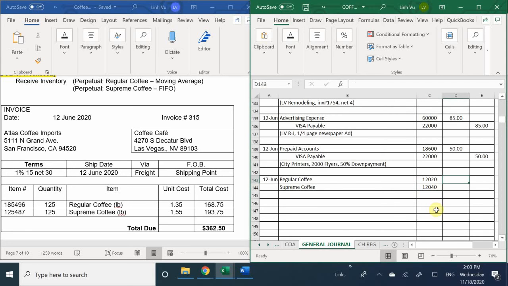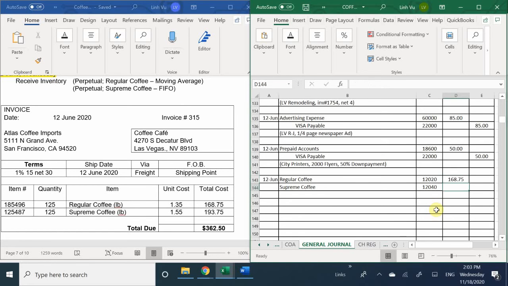How much of the regular coffee did we buy? 125 pounds. Okay, but what is the amount it costs for the 125 pounds? The total cost was $168.75.